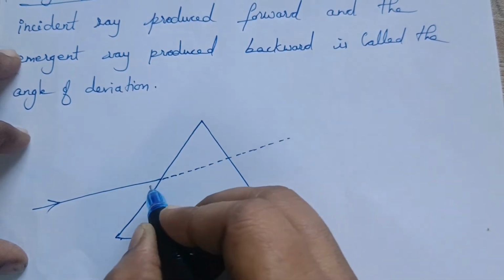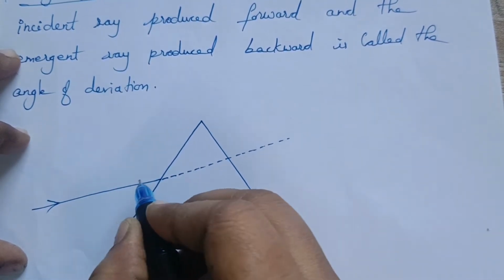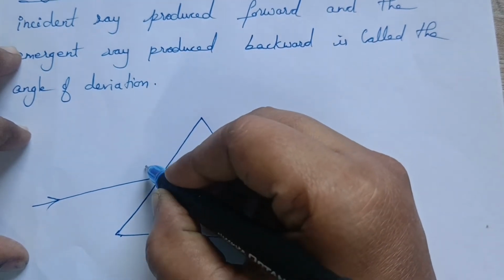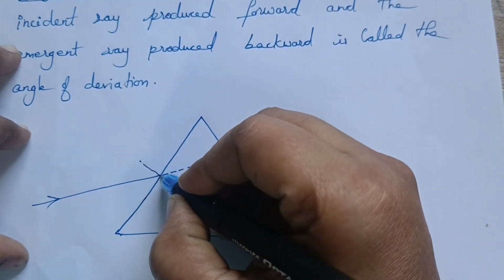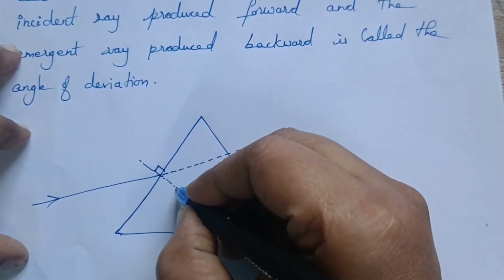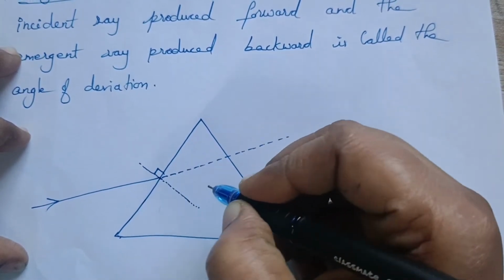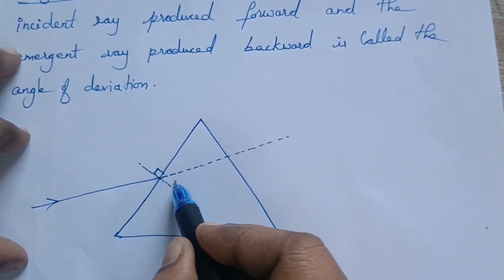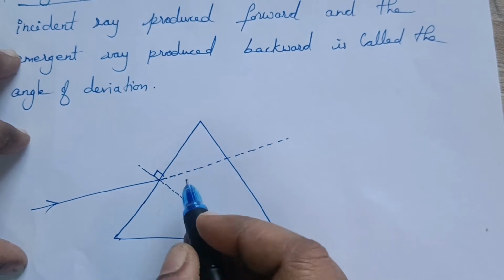Since it is passing through the prism, it will be refracted. So for this surface, for example, this is your perpendicular, this is your normal. This ray, instead of going like this, will be bent towards the normal.